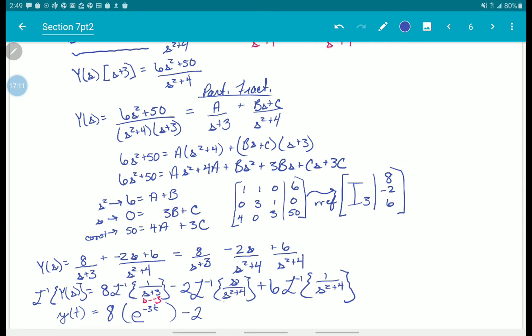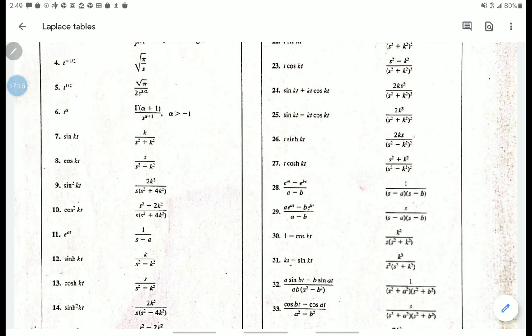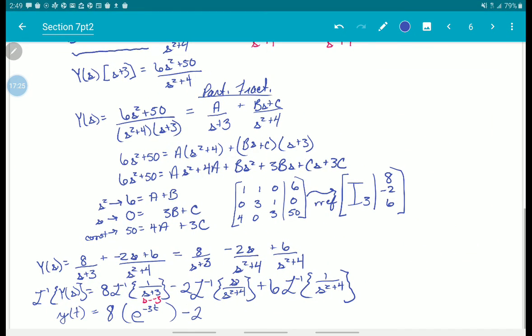Minus 2, this guy, going back to here. We had s over s squared plus a number squared. That's number 8. So that's your cosine. And the number we have to square there is 2. Our k value is 2.